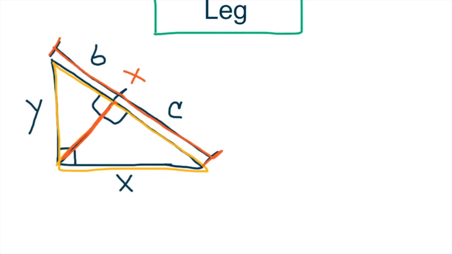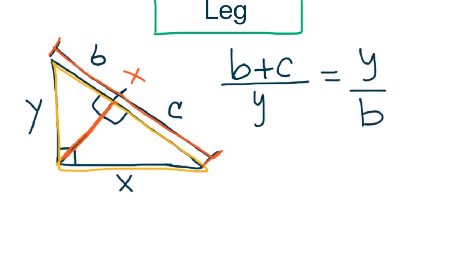So let's set up this proportion. First of all, if I'm looking for the geometric mean that involves B, that means we're going to be using the leg Y. So the proportion here would be B plus C, the entire hypotenuse, is to the leg Y as Y is to B. Now if we wanted to find the geometric mean involving C, we would be using the leg X. So let's set up that proportion.